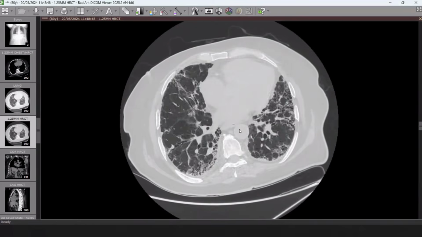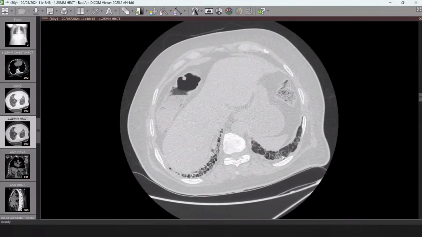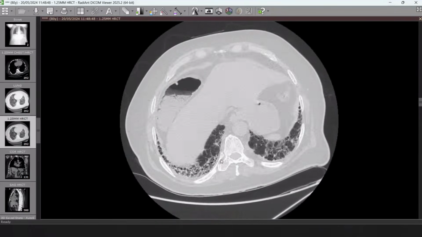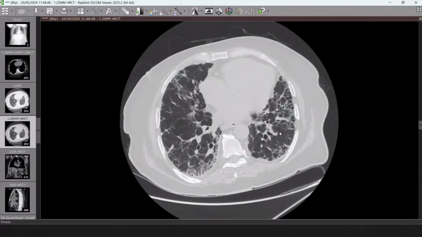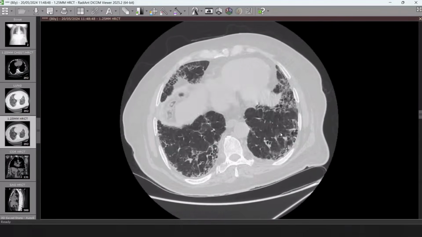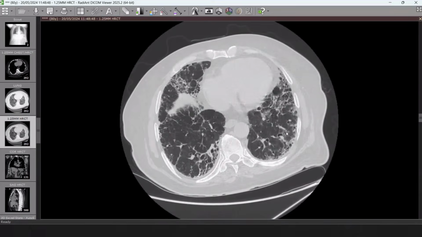These reticulations are more pronounced at the basal lung zones involving the costophrenic recesses, which is very important, as you said, and also involving the subpleural spaces, associated with traction bronchiectasis and architectural distortion.